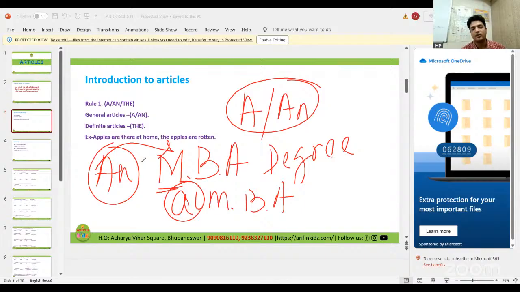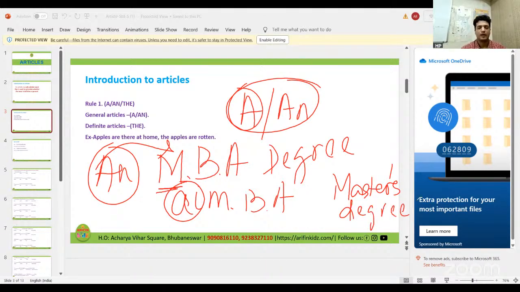Remember this, right? If the pronunciation of the word starts with any of the vowels, it will take an. Otherwise, it will take a. For example, I'll give you another example. Master's degree, right?